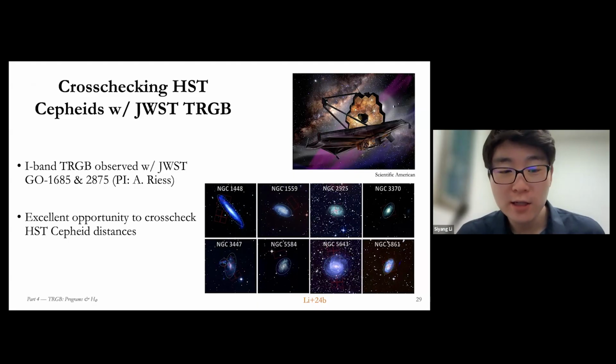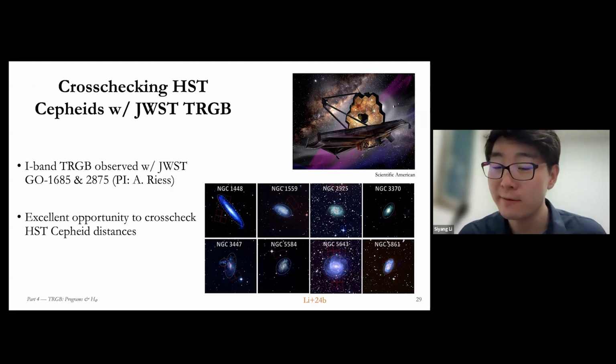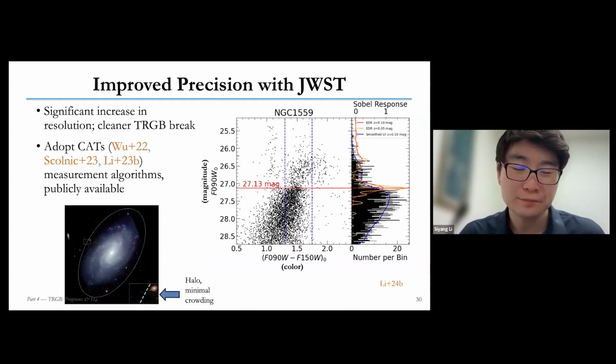And so the launch of JWST has really provided an excellent opportunity to do these cross-checks with Cepheids, with HST Cepheid distances. So we can leverage the independence of the instrument, JWST versus HST, as well as the independence of the method, Cepheids versus TRGB.